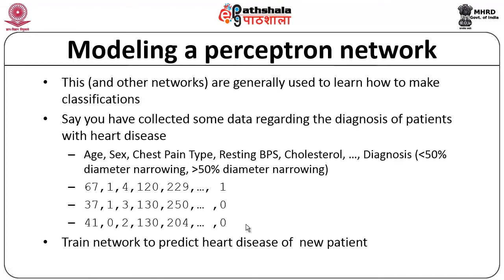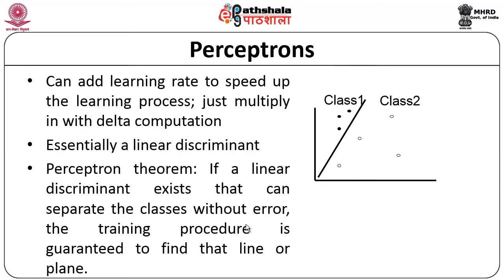So, in such environments neural networks may be modeled as a classification model. Perceptrons are normally considered to be linear classifiers. In other words, they differentiate the classes very clearly or distinctly. So, you can clearly define a straight line as shown in this diagram.